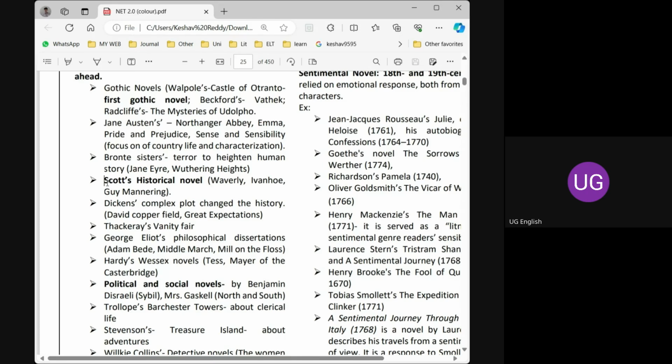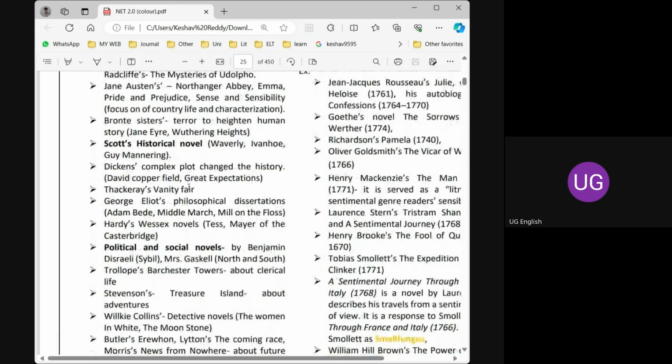He is very famous for the Waverley novels, historical novels, very important. And we discussed the Dickens novels in the previous class: David Copperfield, Great Expectations. And Thackeray's important work, Vanity Fair.